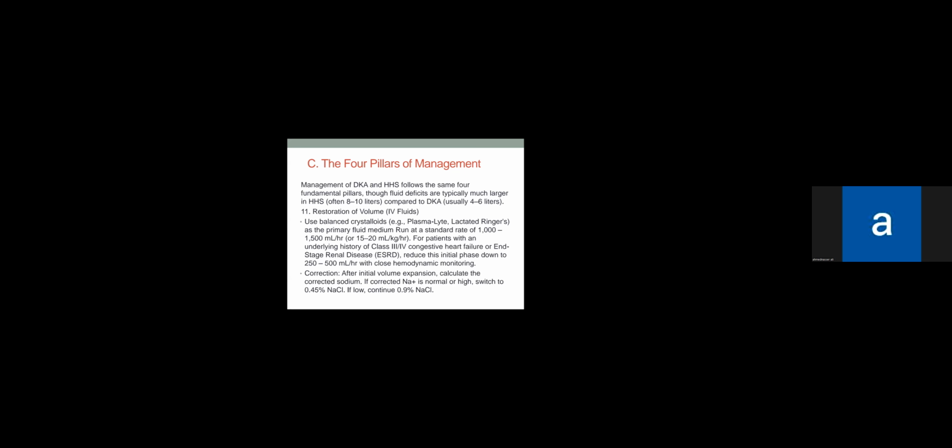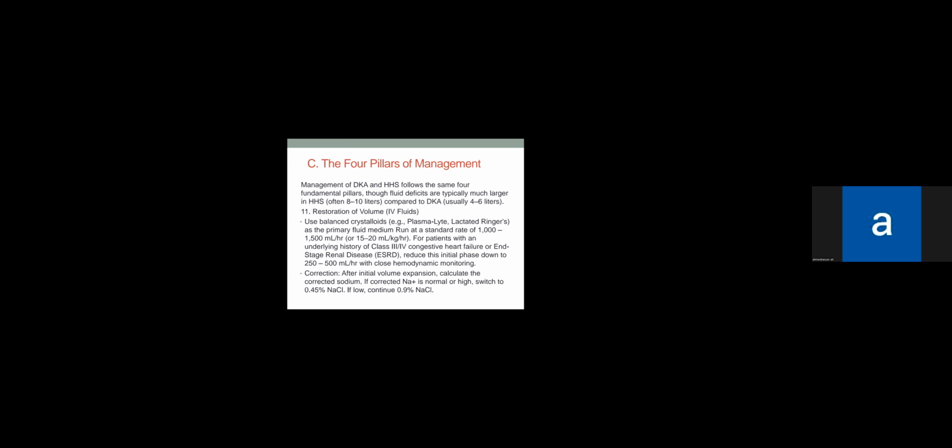Okay. Phase 1, emergency intravascular resuscitation. The primary goal is rapid stabilization of hemodynamic parameter and restoration of renal blood flow using balanced crystalloid, like lactated ringer, as the primary fluid medium.